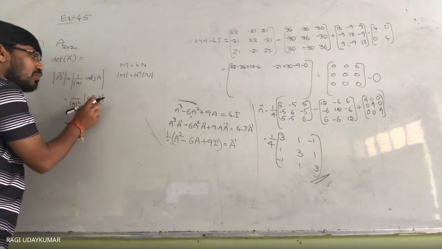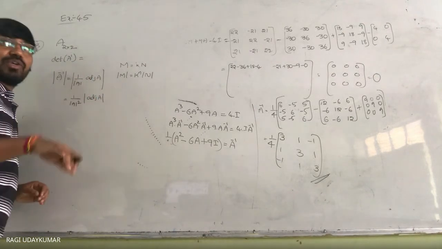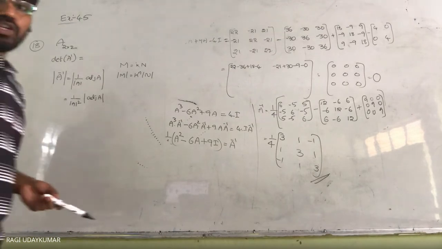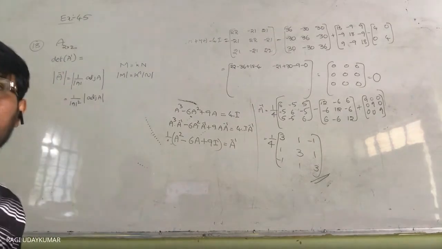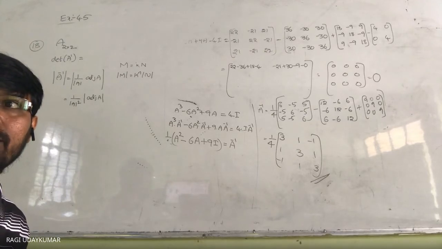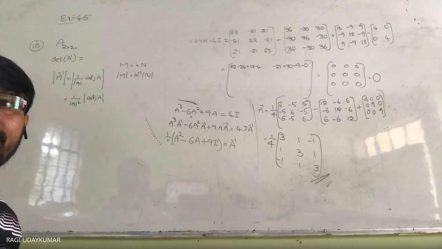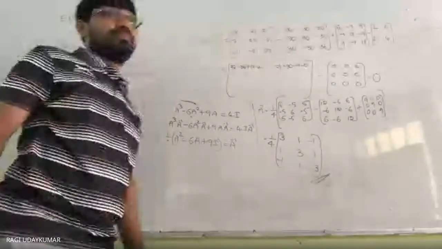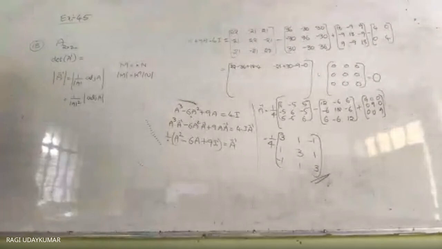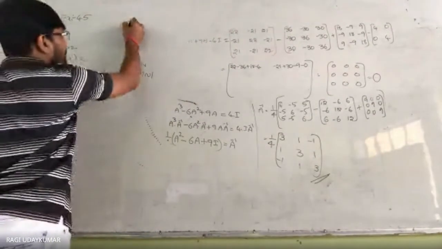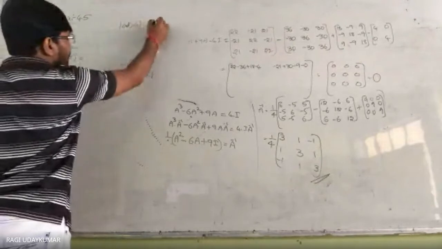What is the determinant of adjoint of A for a 2 by 2 matrix? In the previous problem, the determinant of adjoint of A for a 3 by 3 matrix was this one.